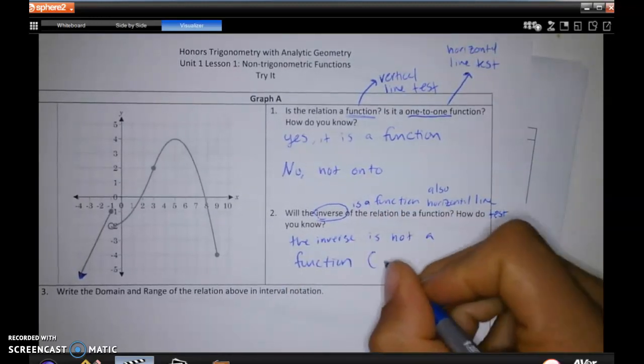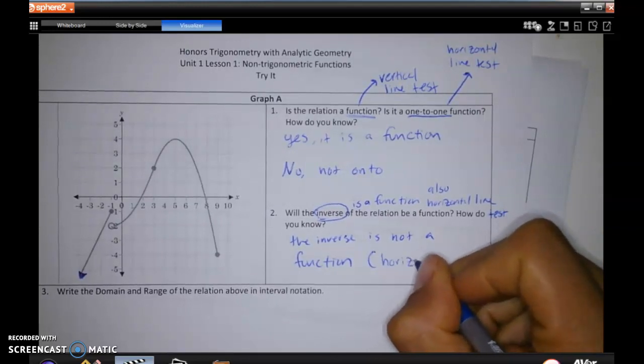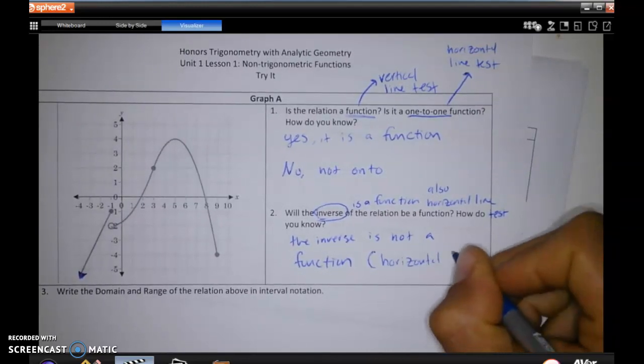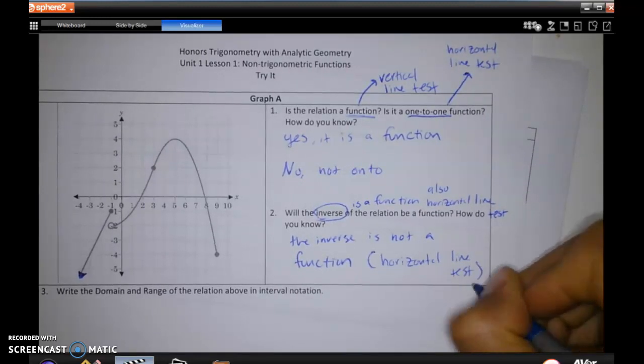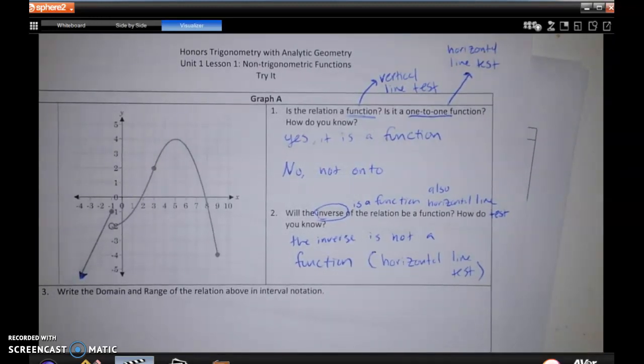And I'm going to put in parentheses here, horizontal line test. Boom. So we've covered questions 1 and 2.